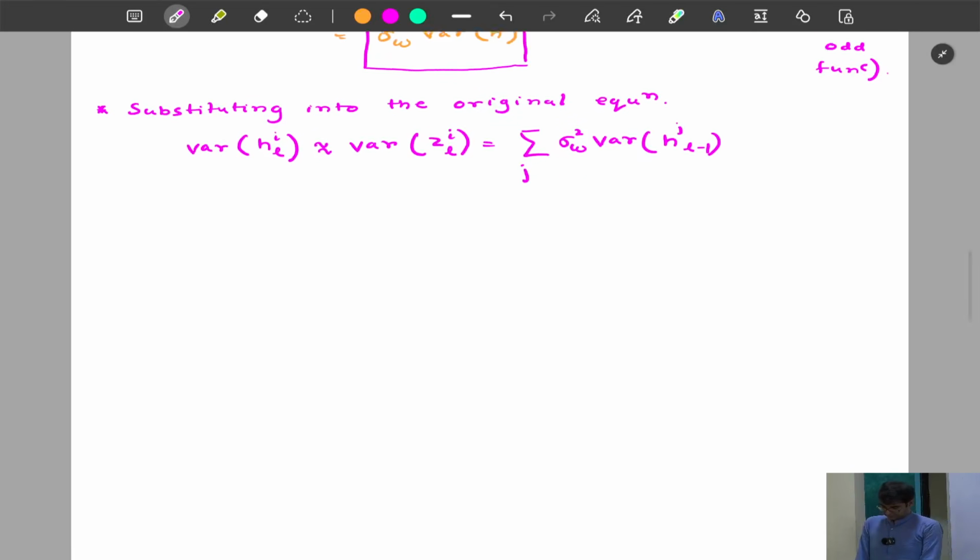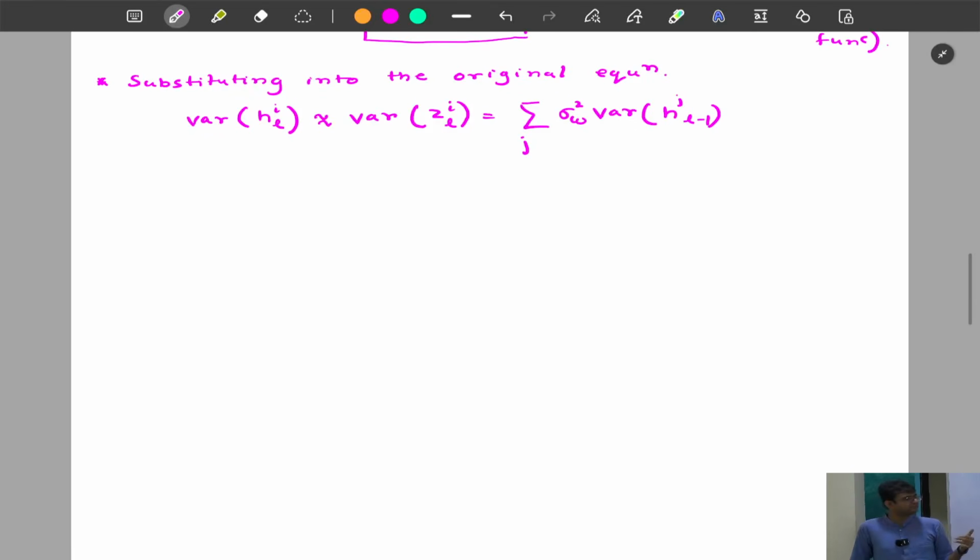Now, what is variance of H_{L-1,j}? There is going to be one more assumption in some sense that I am going to take. This term is the variance of the jth neuron in the L minus 1th layer.